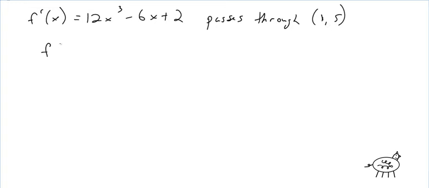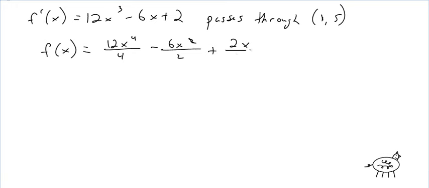So f of x, let's use our rules here. Isn't it 12x to the 4th over 4? You raise it to that power and you divide by that, minus 6x squared over 2, plus 2x over 1, plus c.